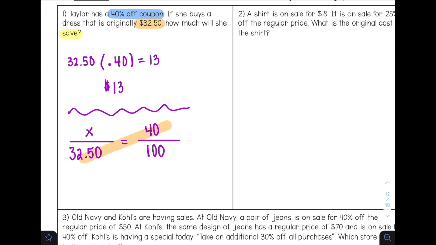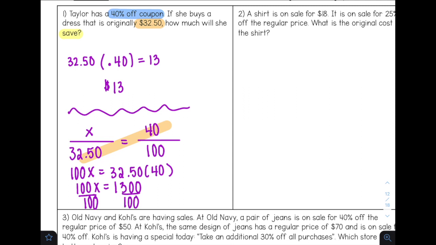If you cross multiply, you're going to get 100x equals your $32.50 times 40. 100x equals 1300, divided by 100 on both sides. X still equals 13. So that's not going to change. But again, knowing how much you save versus the sale price and so on.